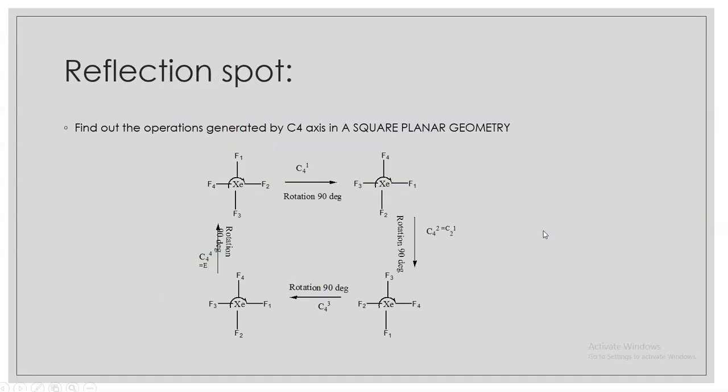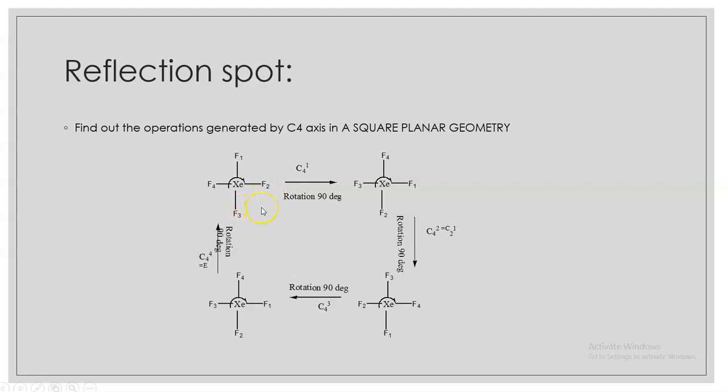We will take one more example and let us take it as a reflection spot in which you can try to identify the operations generated by the C4 axis. You can work it out in the book and then you can refer it with this plate. After you have done, just look into this. Now, this is the square planar molecule in which all the fluorines, HCF4, in which the fluorines are labeled as 1, 2, 3 and 4.